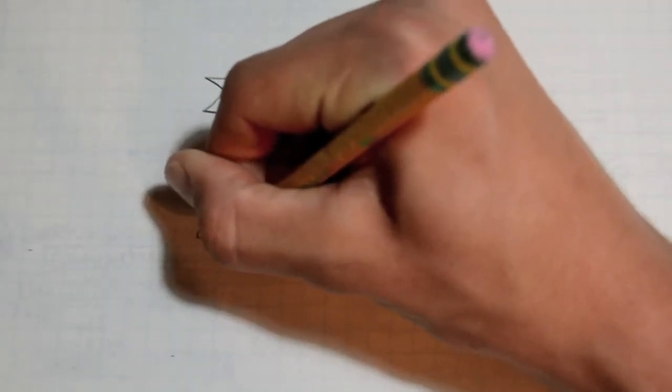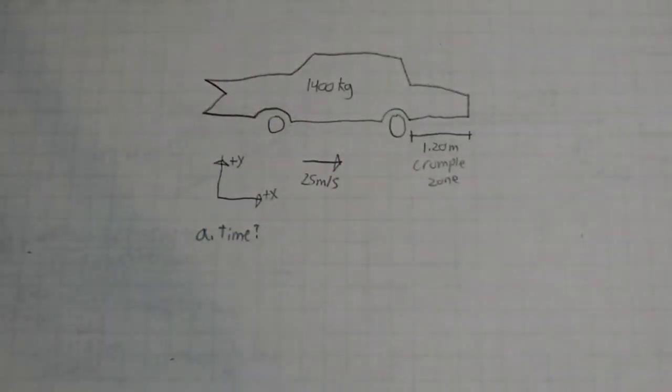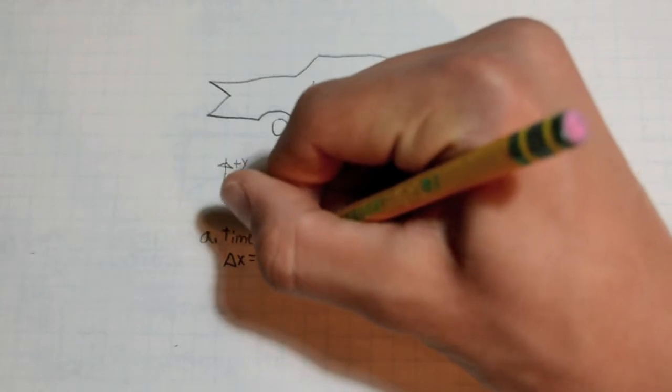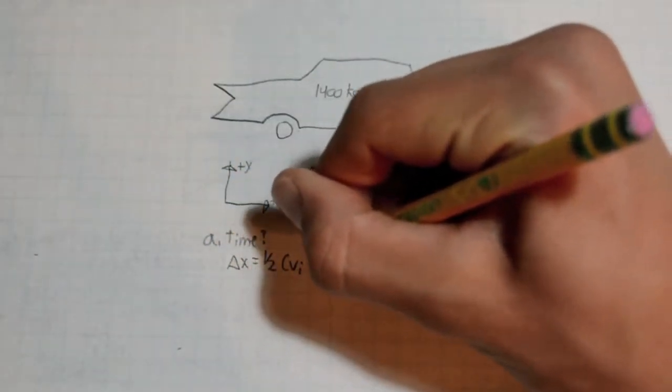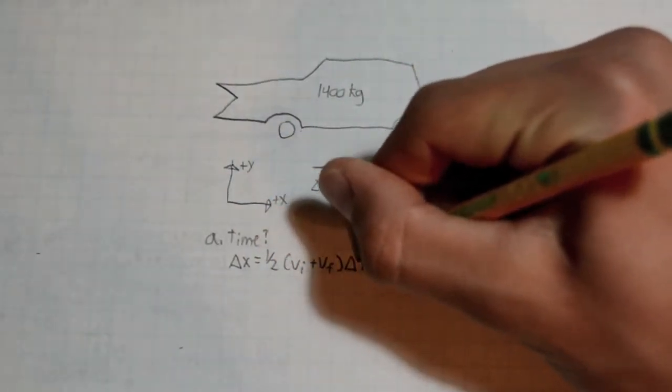To solve part A, which is asking for the time, we need a kinematic that doesn't include acceleration because we are not given acceleration. That kinematic is then delta x equals half velocity initial plus velocity final, times delta t.